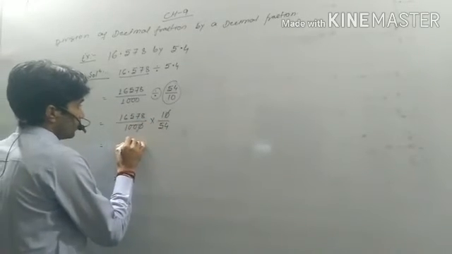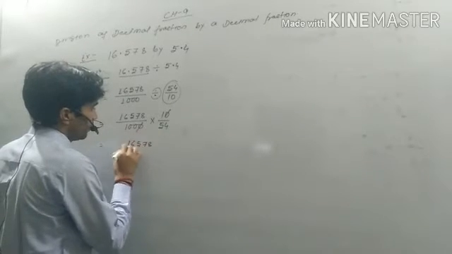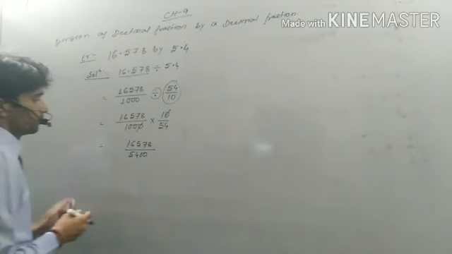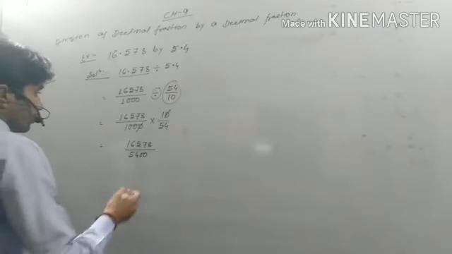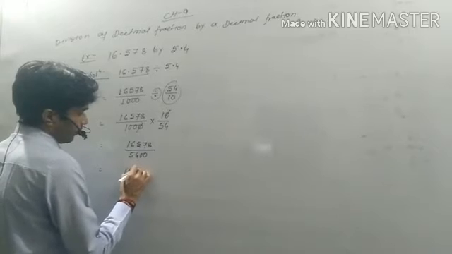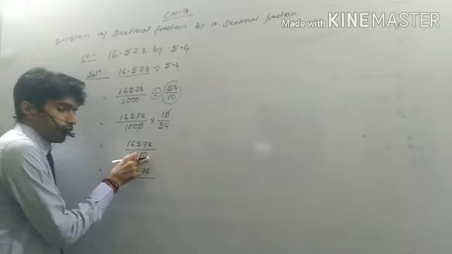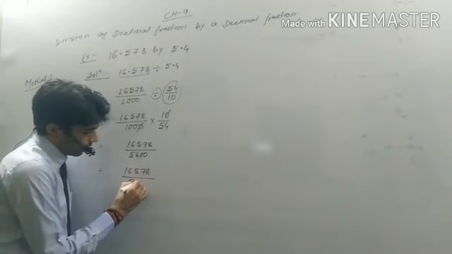Now multiply 16,578 by 5400. Okay, so now we can write 16,578 upon 5400 and we can write 54 into 100.